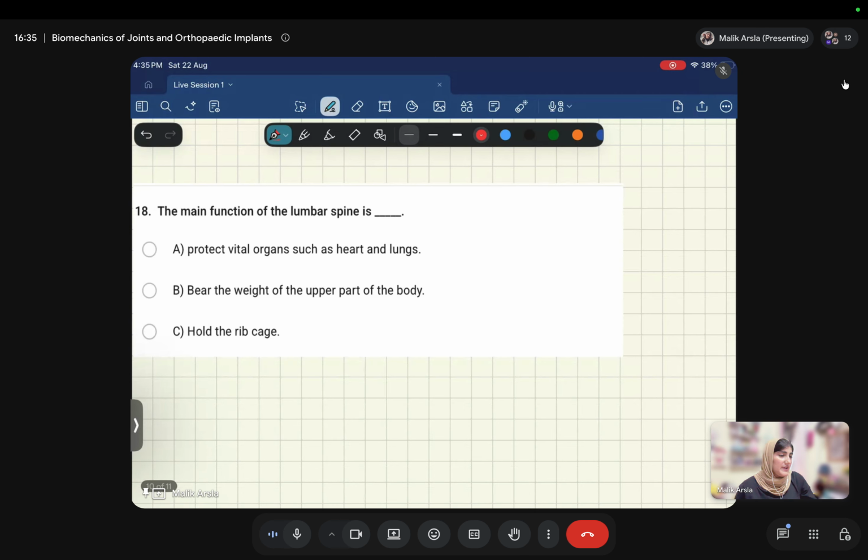Now question number 8. The main function of the lumbar spine is protecting vital organs, bearing the weight of the upper part of the body, and holding the rib cage.